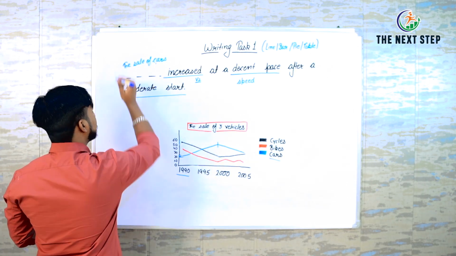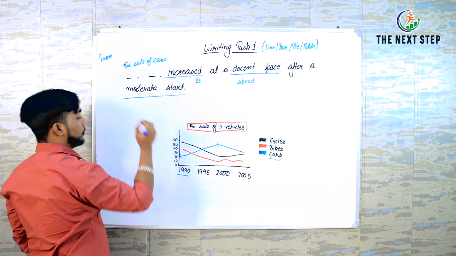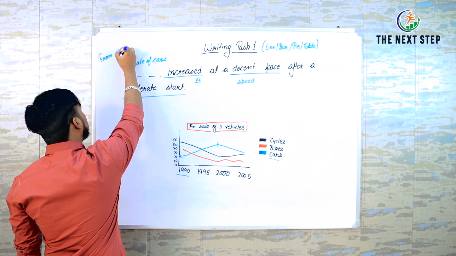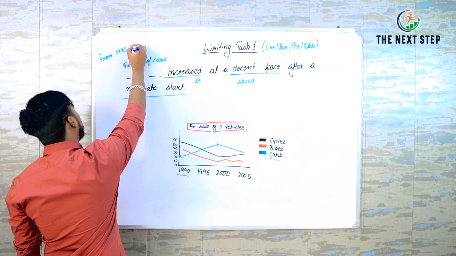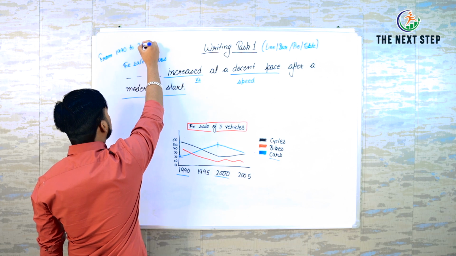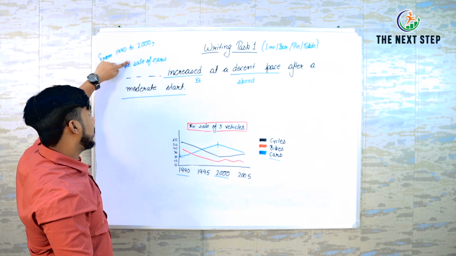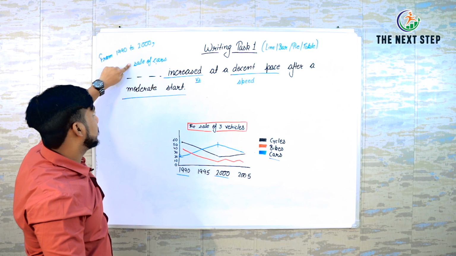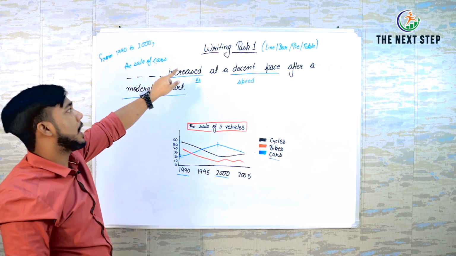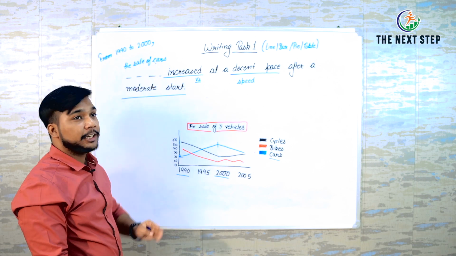For example, from 1990 to 2000, we can see the increase. Comma. Then the should be with a small letter. The sale of cars increased at a decent pace after a moderate start.